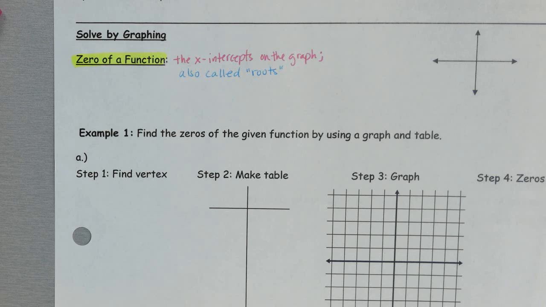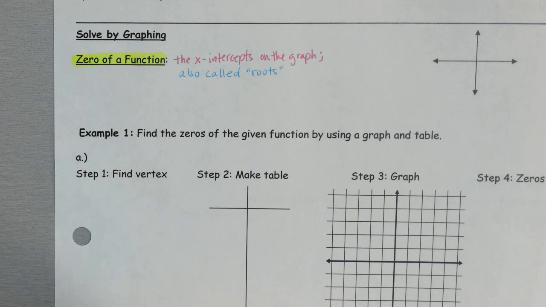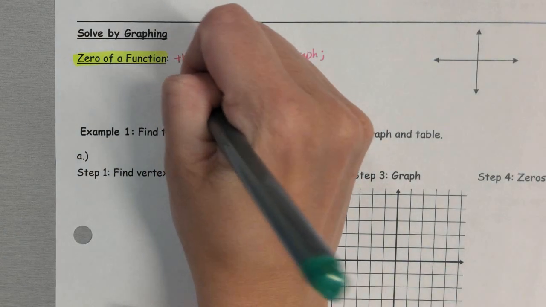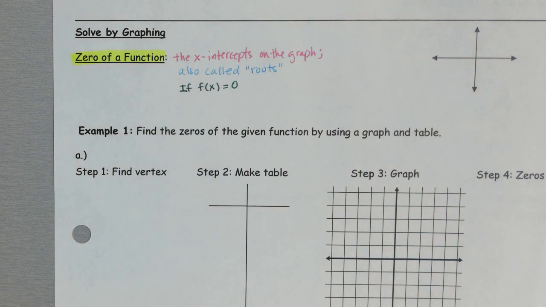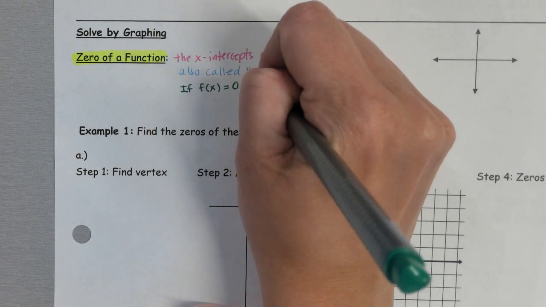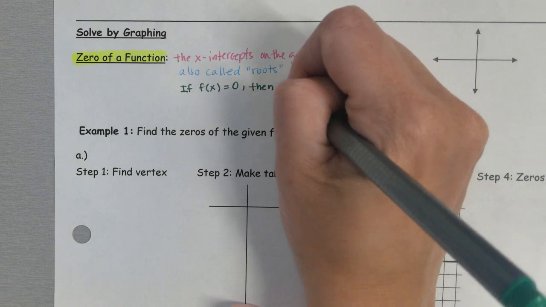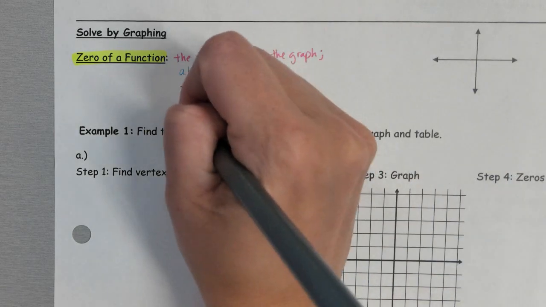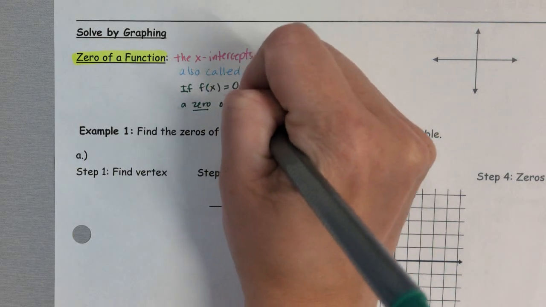We also know that if the function equals 0, if f of x equals 0, then that value of x is a 0 of the function.